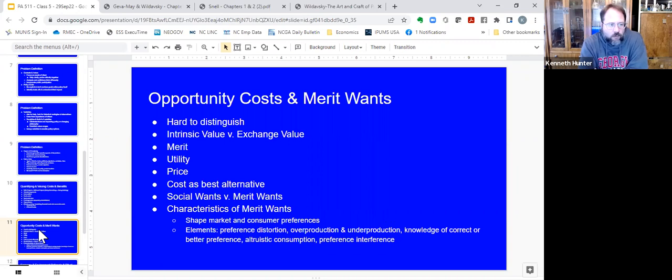So for one example, there's been a huge merit want in the public health community with respect to overcoming an issue that we have as a society, and that's obesity. And of course, the most common way that they want to address that is, how do we get people to eat healthier? We don't, as a society, forbid people from being able to cook and eat what they want.